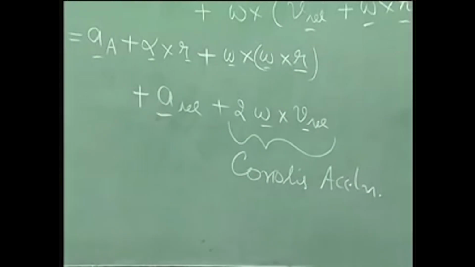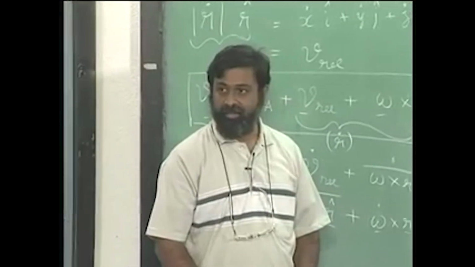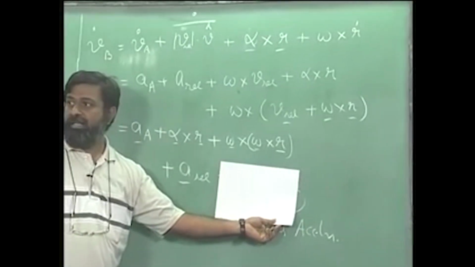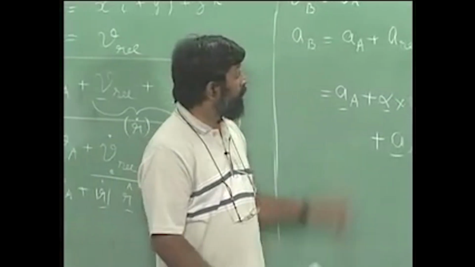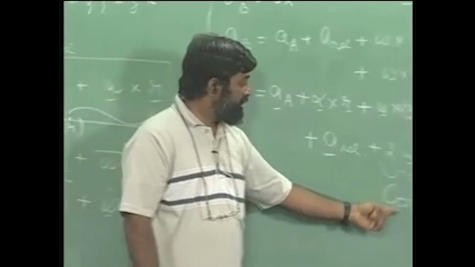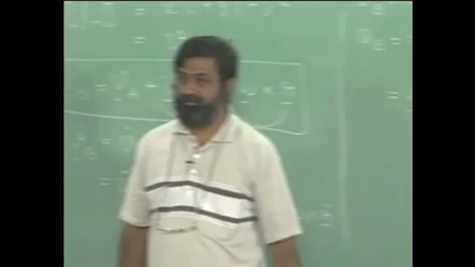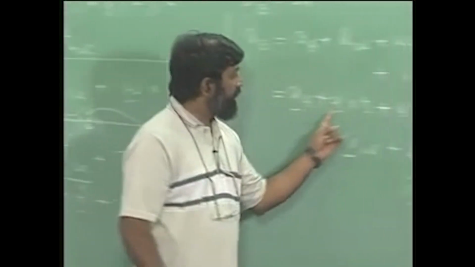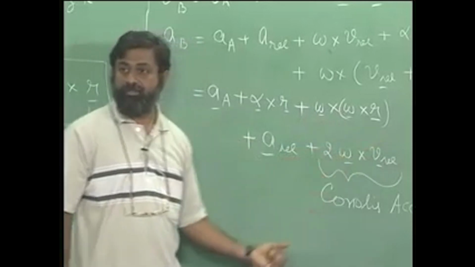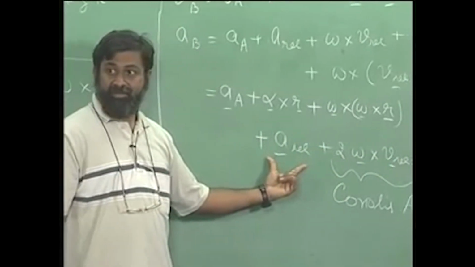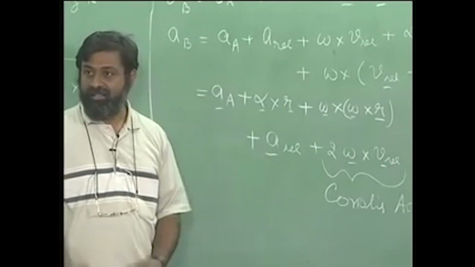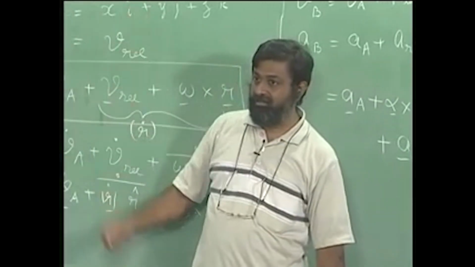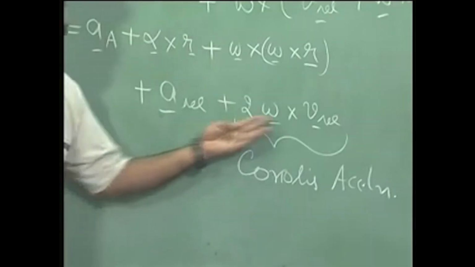Is this clear? Otherwise, it is a very simple idea that I can understand, but upon doing this derivation we find that there is an additional acceleration. We already found out what would be the direction of this. The direction of A relative is not very difficult to understand, it is along the direction of r, right. And how about this?